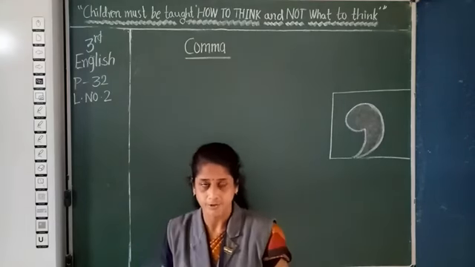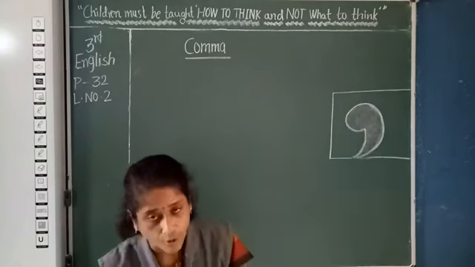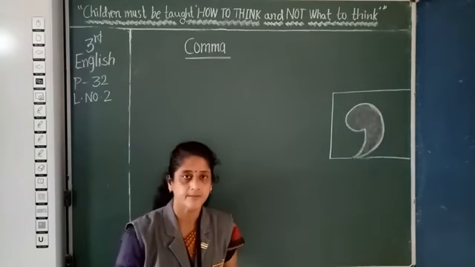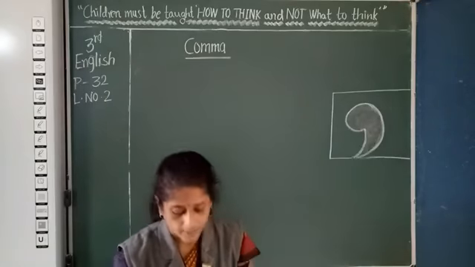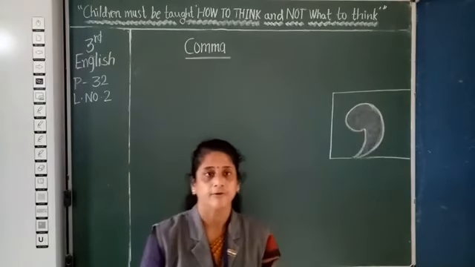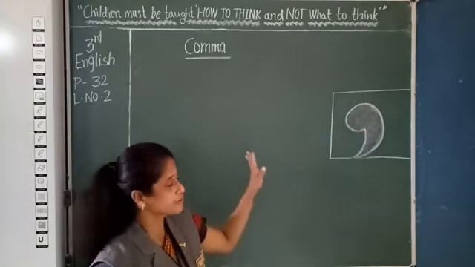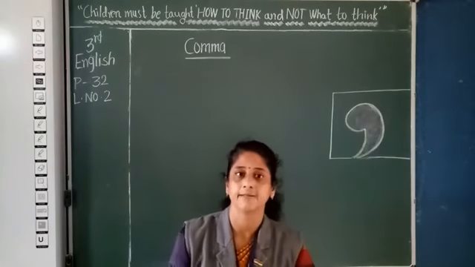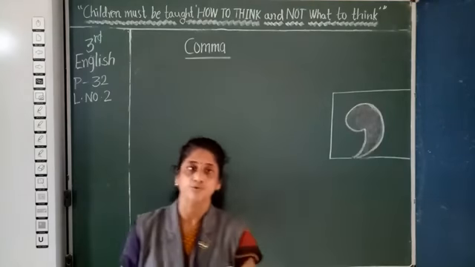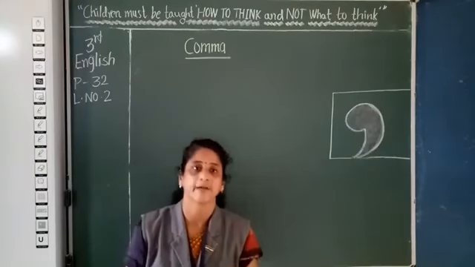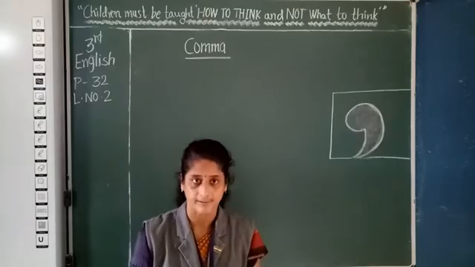When they are in a list of series, you use a comma to separate these items when you write it in a sentence. So, the very important function of a comma is it is a punctuation mark, first of all, and it is used in a sentence to separate the list of items. If it is 2 or more or 3 or more items in your list.